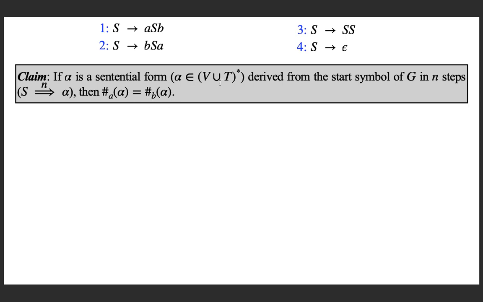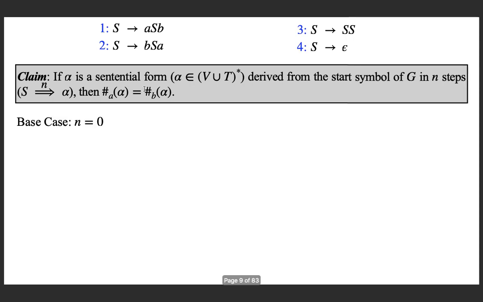But we are proving a more general statement, which says that whatever string of variables and terminals you derive must contain equal number of A's and B's. So this is sufficient to prove that the grammar design is sound.